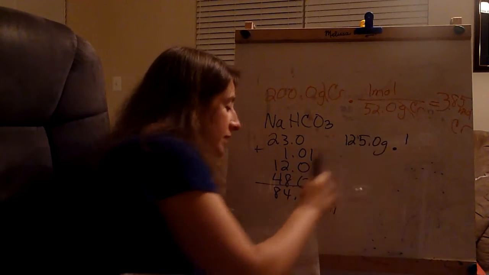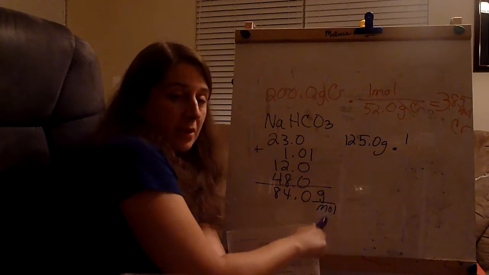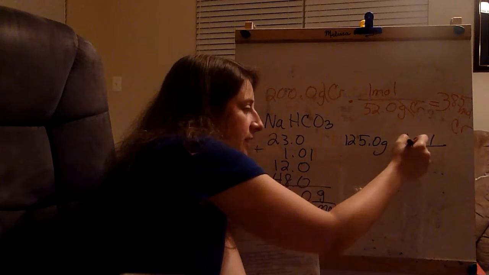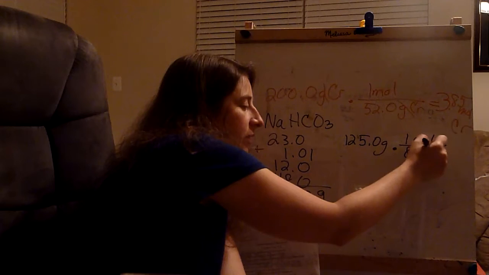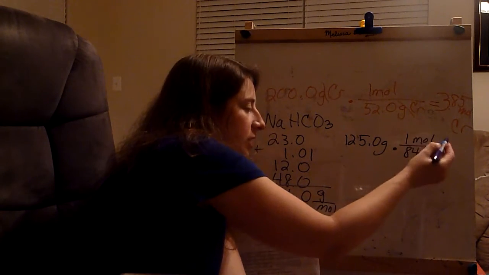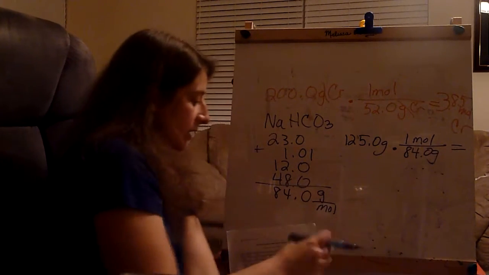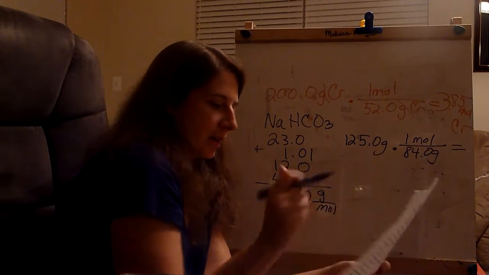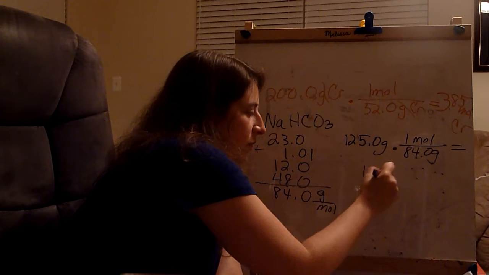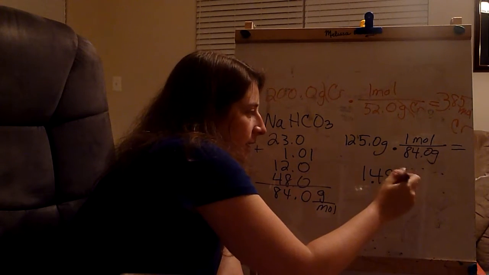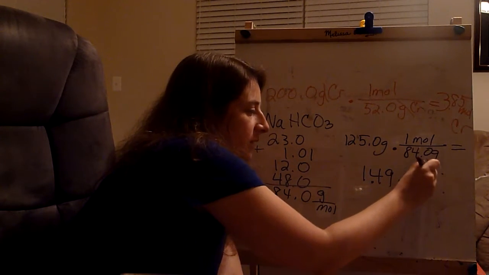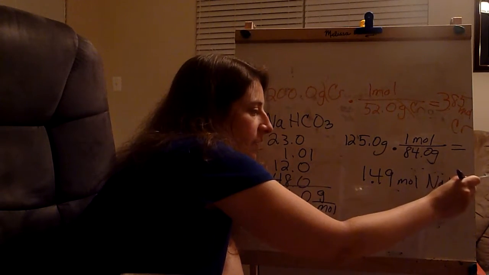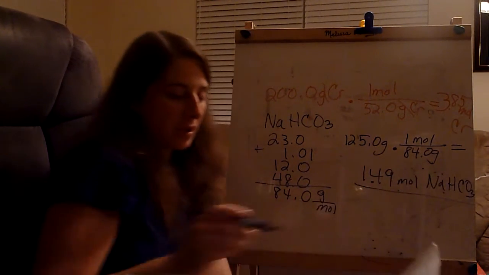Just the same as 84.0 grams are in 1 mole, I know 1 mole has 84.0 grams of sodium hydrogen carbonate. So if I take 125 divided by 84, then I get, and here's my answer, 1.49 moles of sodium hydrogen carbonate. A nice complete answer right there.